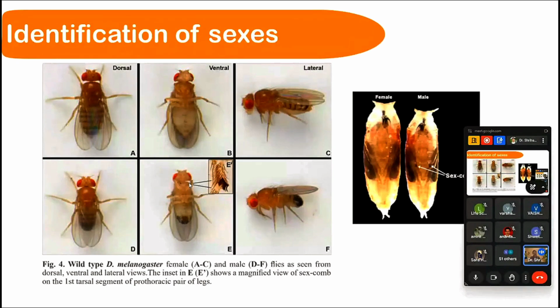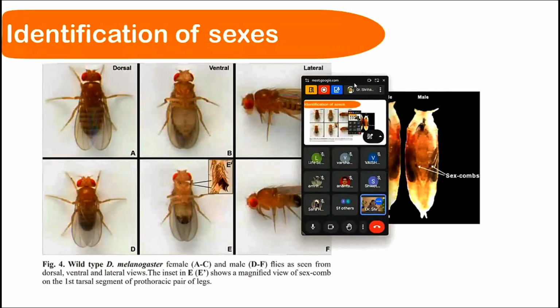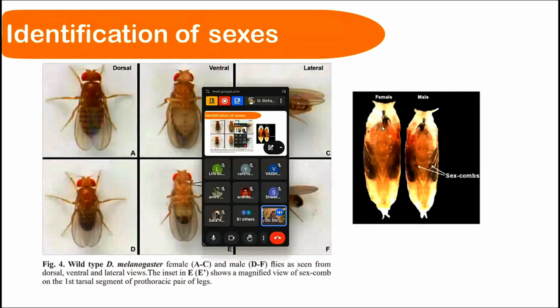So this is the sexual dimorphism that you see not only in adults of Drosophila but also at the larval stage. Now see here in the image, you can quickly observe that this is the pupa of a Drosophila. Now this is the female pupa and this is the male pupa. Even in the pupal stage, you can see here these two black spots, which clearly tell us that this is a male pupa.